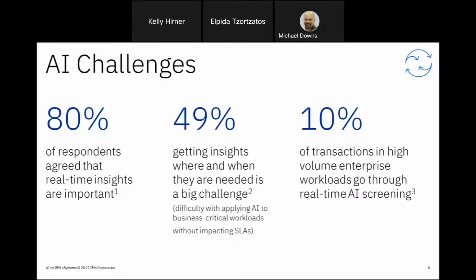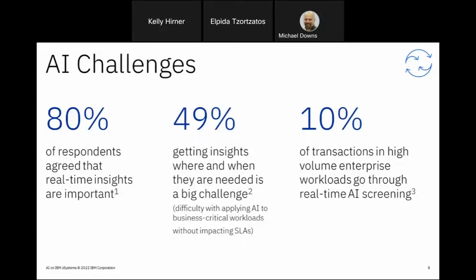Now, 80% of clients told us that being able to achieve real-time insights was important in achieving their business objectives. But yet, almost half of you told us that you were facing big challenges in being able to operationalize AI and leverage AI in your mission-critical workloads.